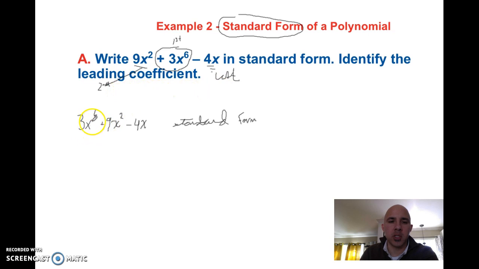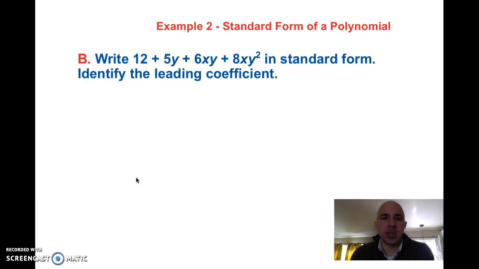The leading coefficient is the one next to the highest exponent, so this 3 will be our leading coefficient. Any questions? Please let me know. Thank you.